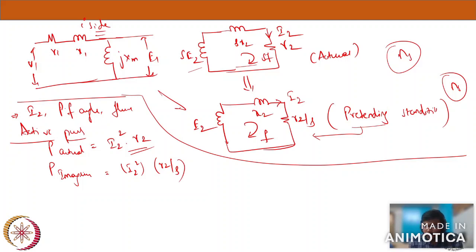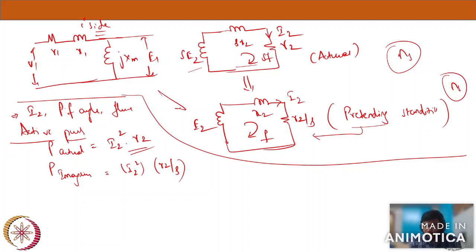How come this difference is coming? How can you justify this difference? Because my stator is not able to differentiate it. My stator just draws some current proportional to this rotor current, and it sees that it has drawn enough current because the rotor is drawing the same amount of current I2 in both cases.